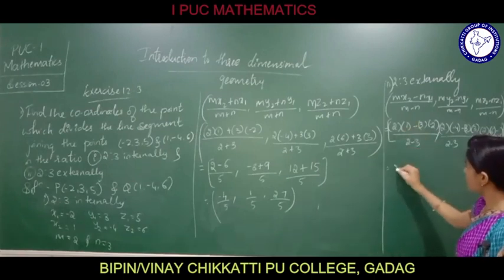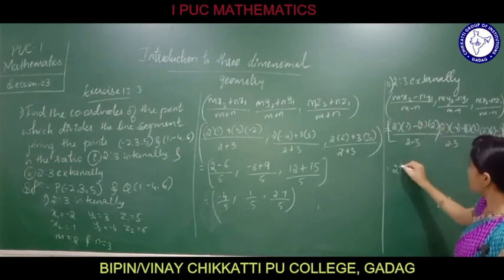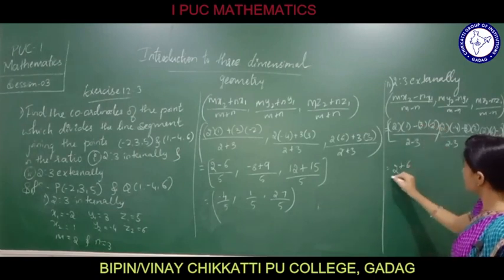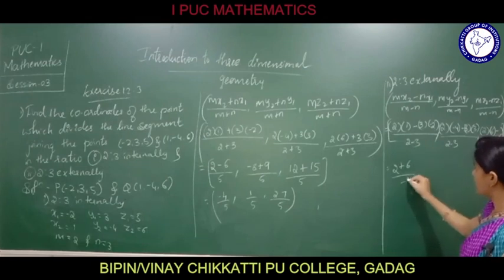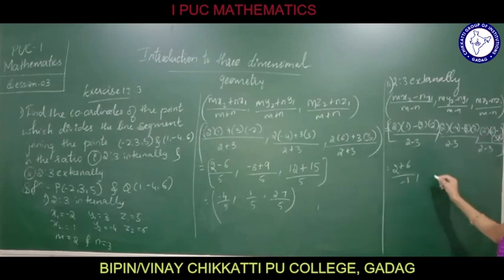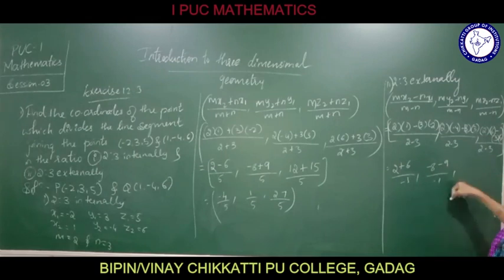2 ones are 2, minus into minus is plus, 3 twos are 6, divided by 2 minus 3 is minus 1. Next, minus 8 minus 9 by minus 1. Next, 6 twos are 12 minus 15 divided by minus 1. I have just multiplied the numbers and signs.